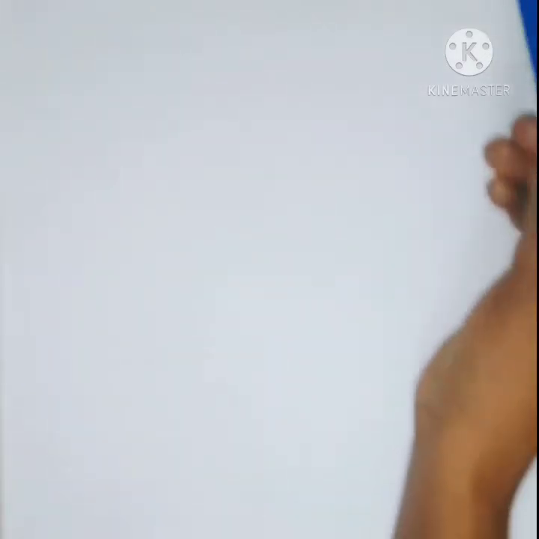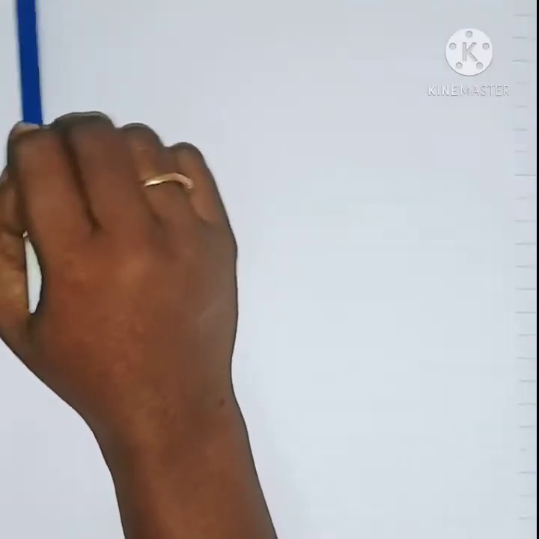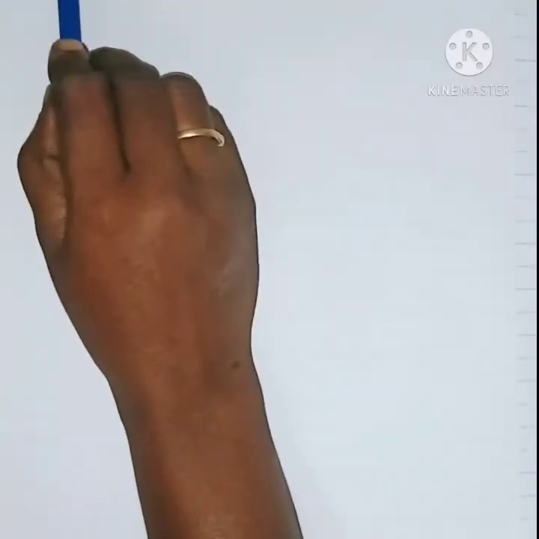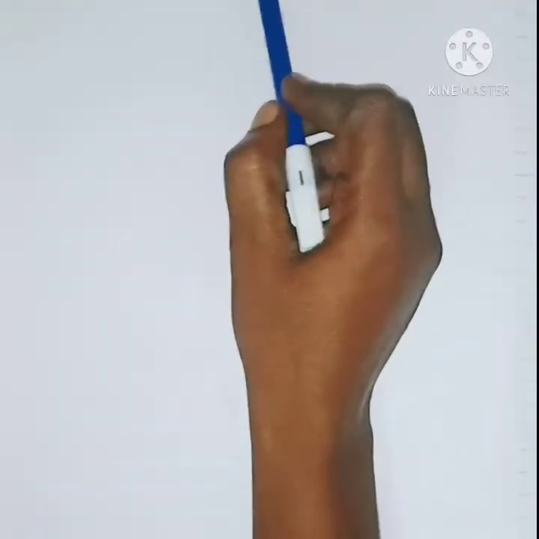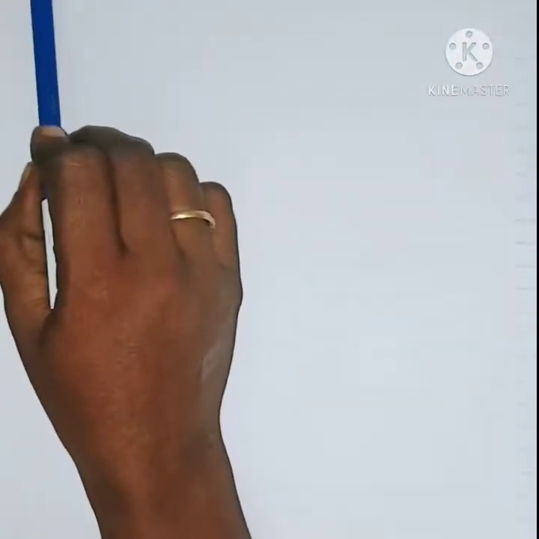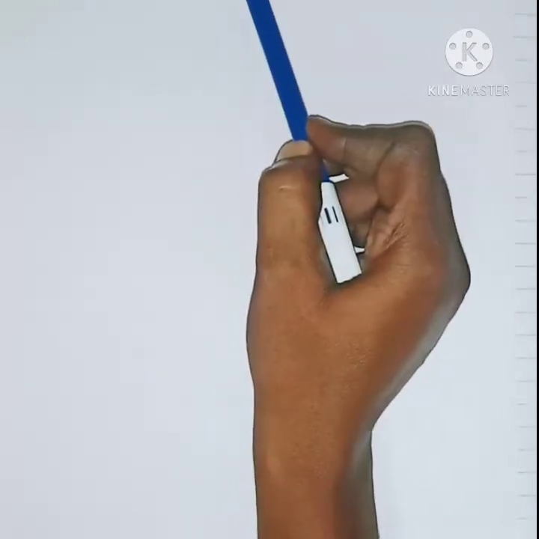Now, exercise 3.2, fifth sum, last subdivision. Okay, fifth sum is verify whether the following are zeros of the polynomial indicated against them or not. So the last subdivision is P of x is equal to x plus 3 into x minus 4.